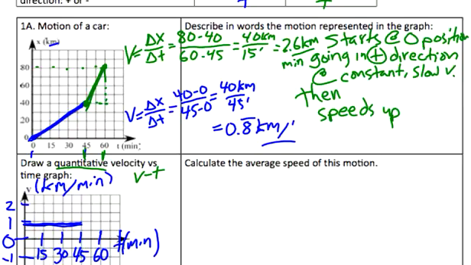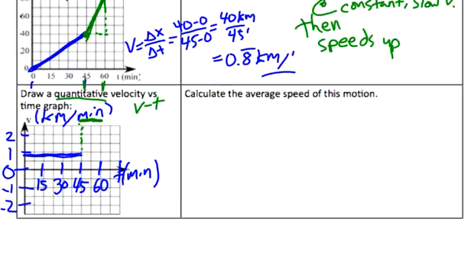So this would be 2.5 there, and I'm going to be slightly above that. And here's my discontinuity. We know it can't happen in real life because the x and the v graph need to be continuous. But there it is. And you can even see here, I'm going along nice and slow, and then I speed up.